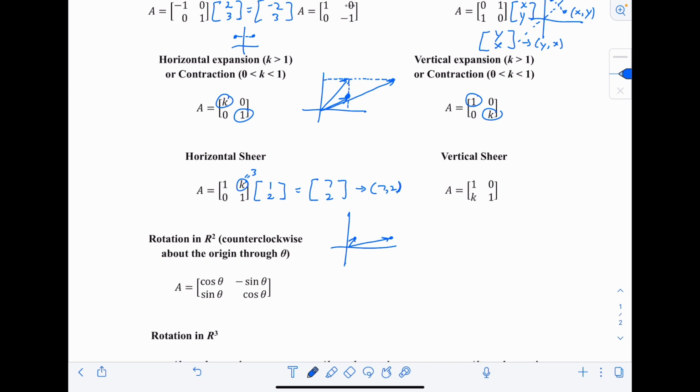So it's using a proportion of y to create the horizontal. And then likewise, a vertical shear, same idea. If we had the same point 1, 2, my vector is either going to go up or down, contracted or expanded, but again, not in relation to y, but rather in proportion to x. Okay, so that's what a shear is.